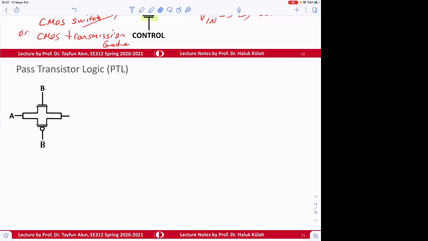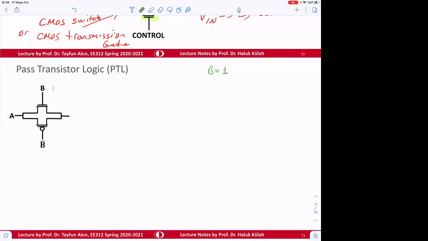So here, the concept is going to be like this. When B is equal to 1 in this logic, B is 1 means, logic-wise, 5 volt, of course.